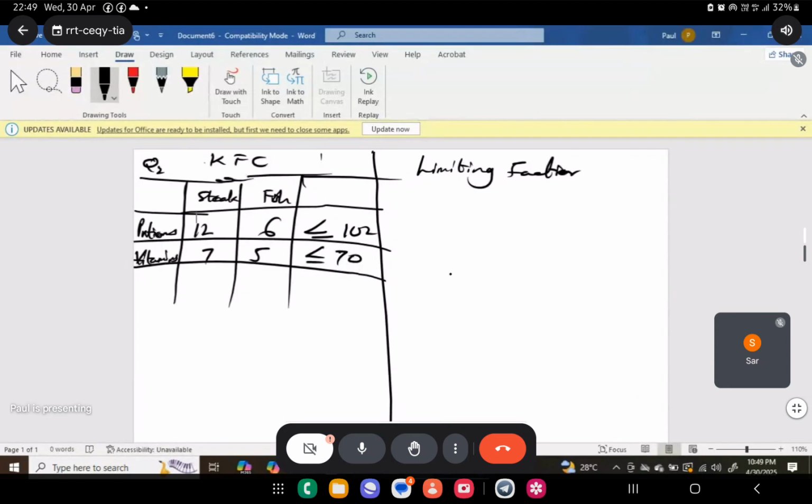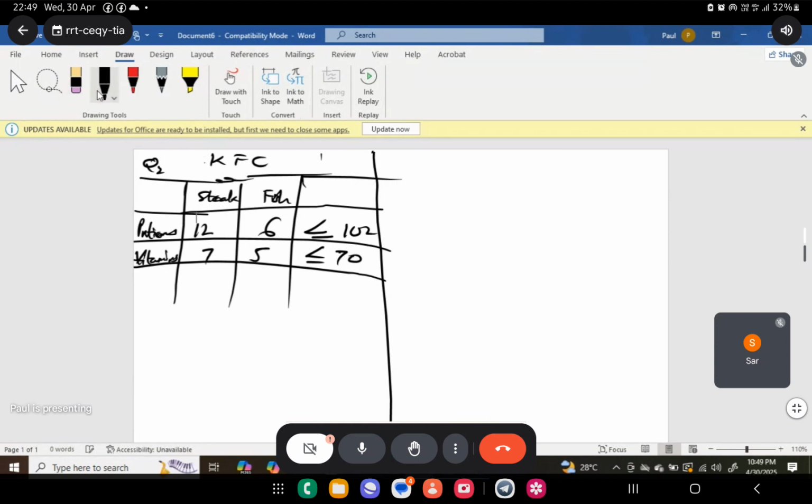So he's saying that the maximum proteins that should be contained in the burger is 102, and for vitamins the maximum should also be 70. So this is the constraint. This is the limiting factor. Okay, that's a constraint in the question.